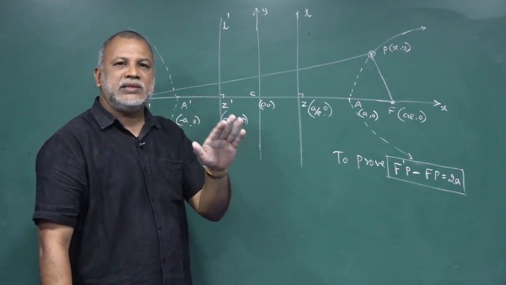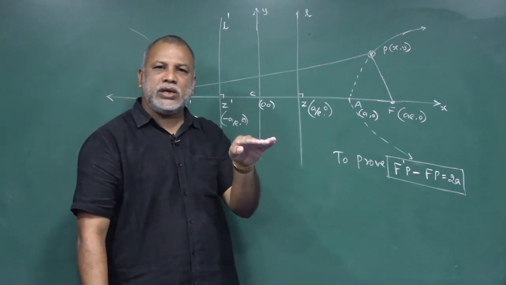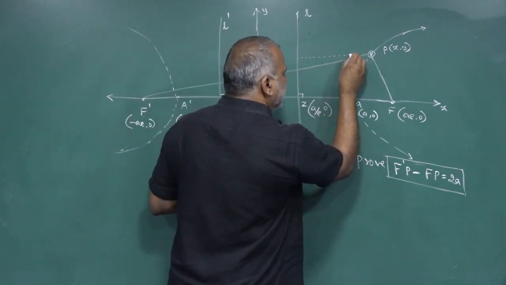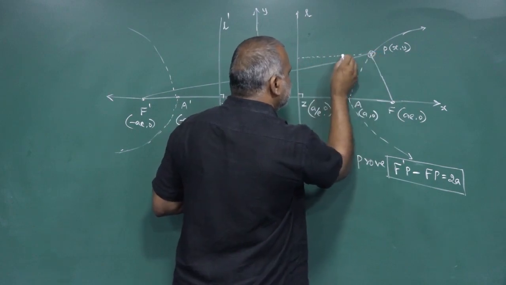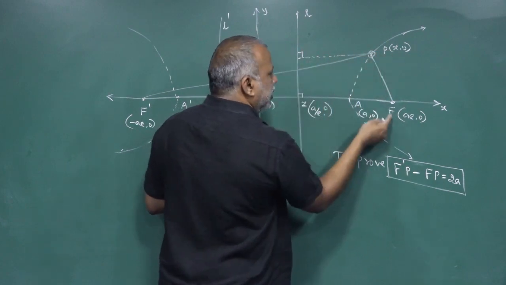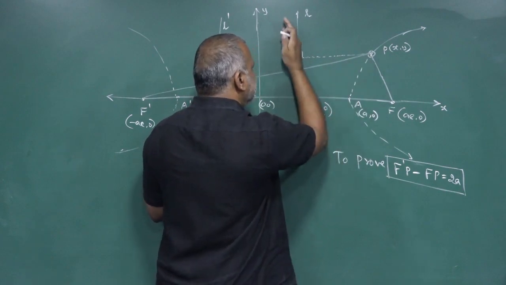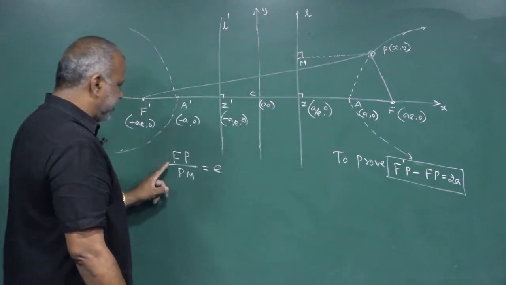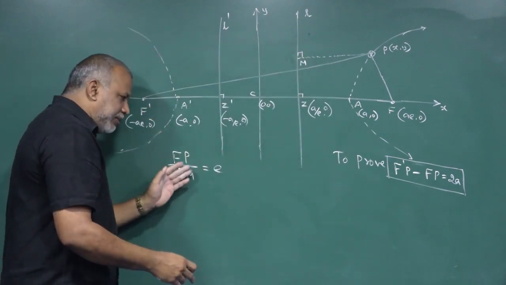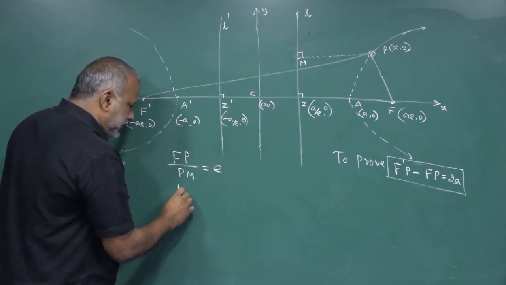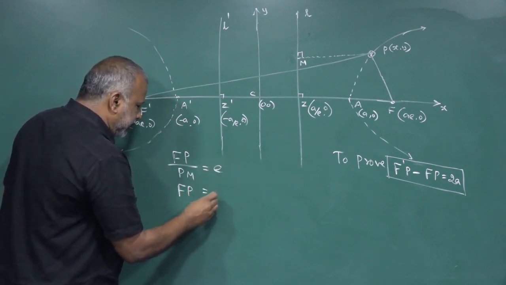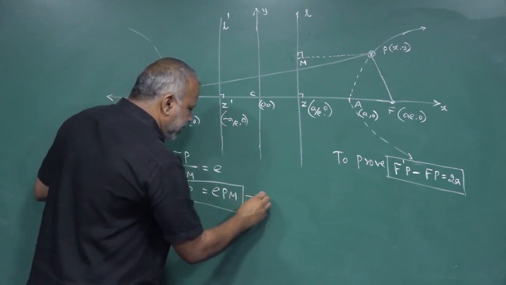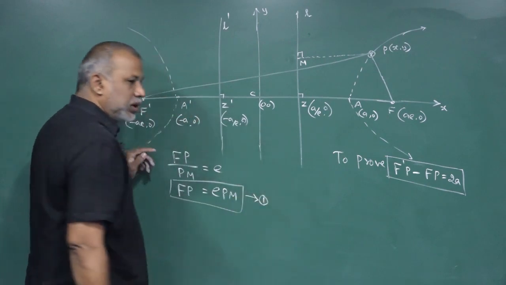From the definition, PM is the length of the perpendicular from P(x, y) to the directrix. Say this is the point M. Once again, by the definition of conic, FP by PM equals e. I can write FP equals e times PM. Say this is equation number 1.